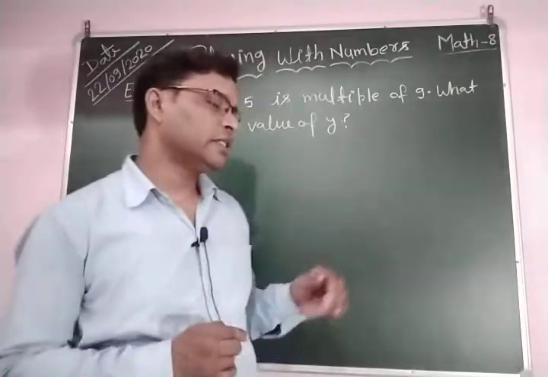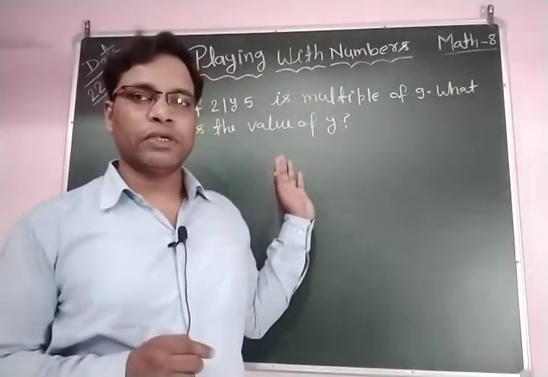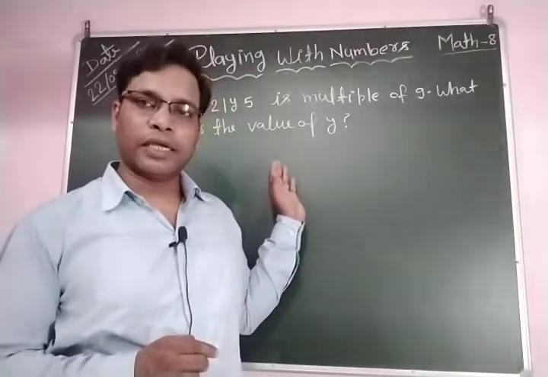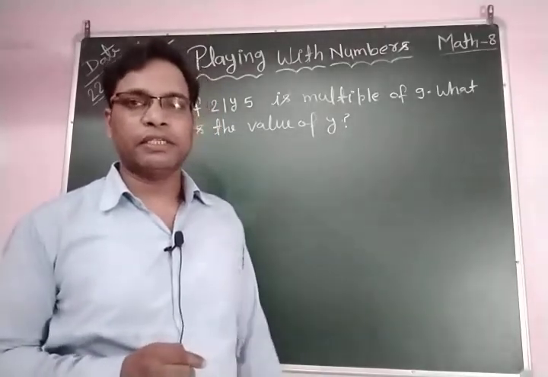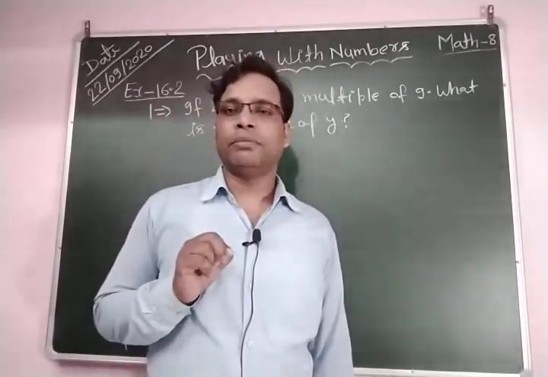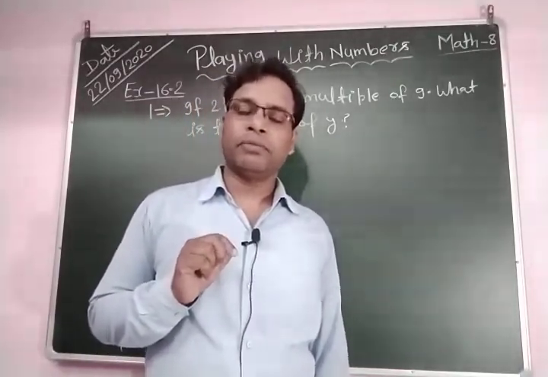So here the number is 21y5. Also this is given, this number is a multiple of 9, it means that this number is divisible by 9. But here we need to find the value of y. How to find the value of y?